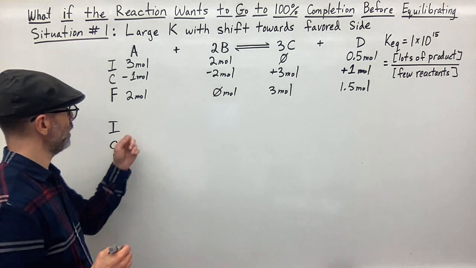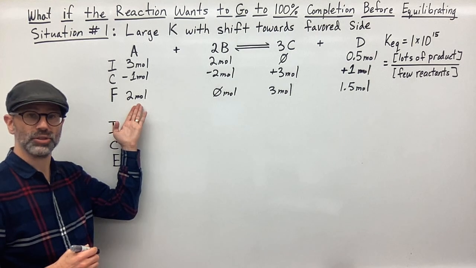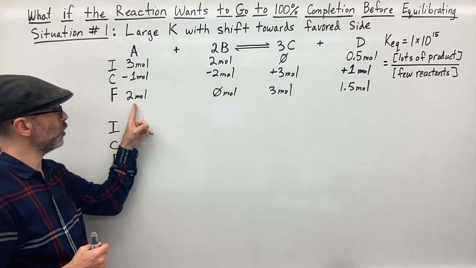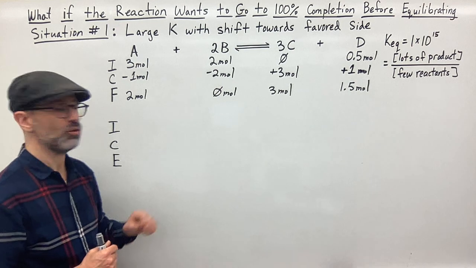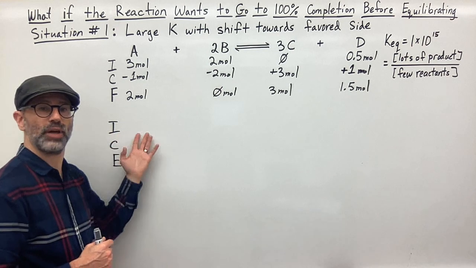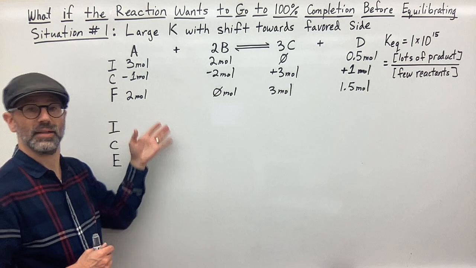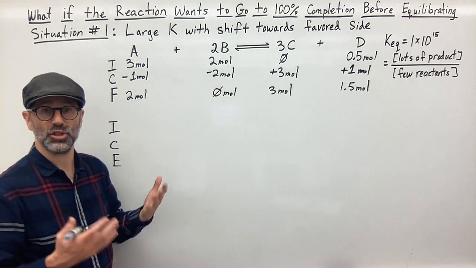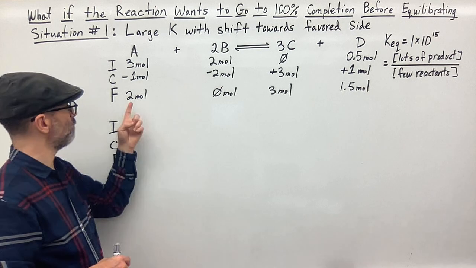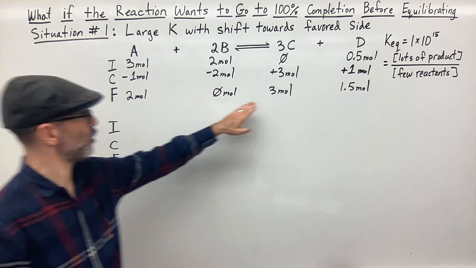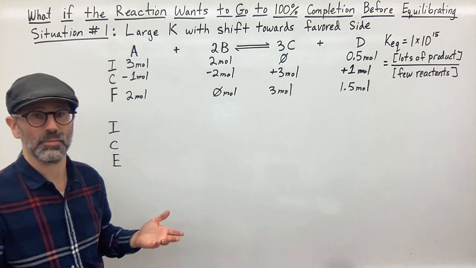Now, before you do the ICE table, notice this is in moles. You need to convert the moles back to molarities. You can't use moles in an ICE table. You have to go to molarity. But for this problem, we assume that we have 1 liter of our solution, so dividing these by 1 liter each gives me the same numbers.